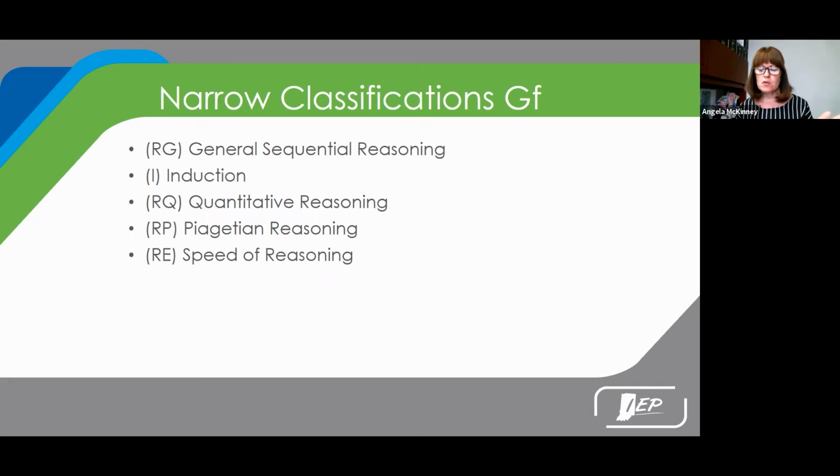And then each of those areas has more narrow classifications. So we're looking at a lot of different kinds of tasks, which means I could have an IQ test that gives me a very good indication of general sequential reasoning and nothing on induction. And then I may have another test that gives me a little bit more information on quantitative reasoning and induction, but nothing on general sequential reasoning.